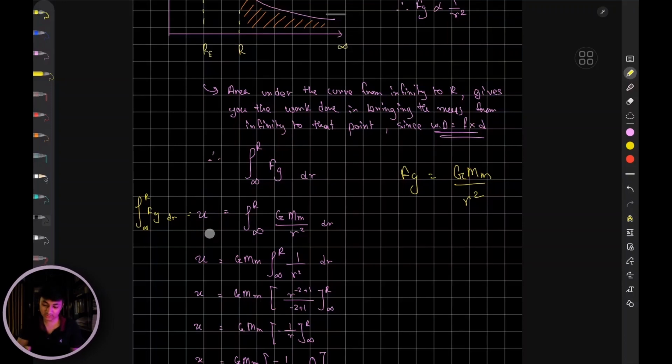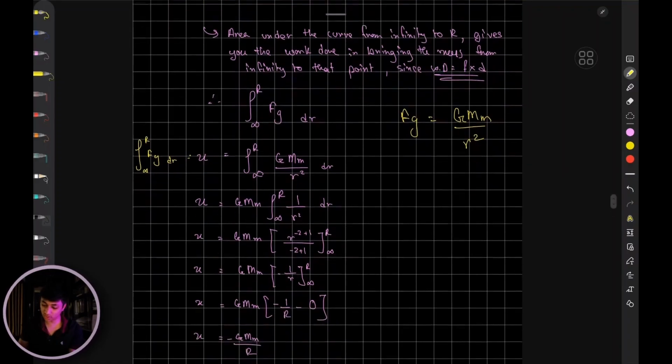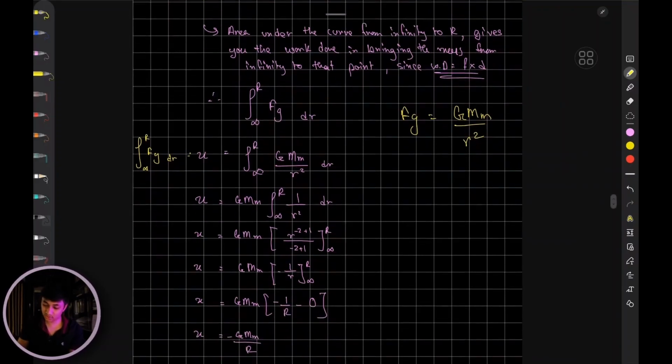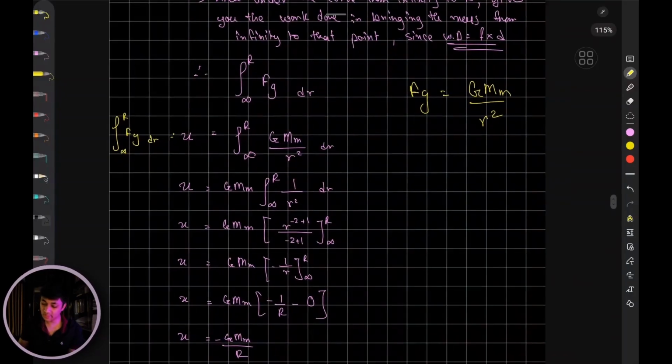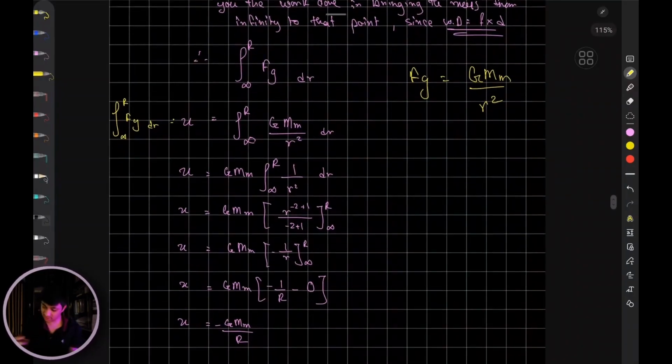Mind you, this is actually the sign for gravitational potential energy. This is how you denote gravitational potential energy, right? So for gravitational potential energy, integrate Gmm by r square, the force, from infinity to r. Take the constants out of the integral sign because constants don't affect your integration. And what you can do now is integrate.